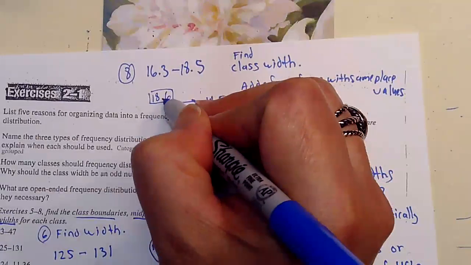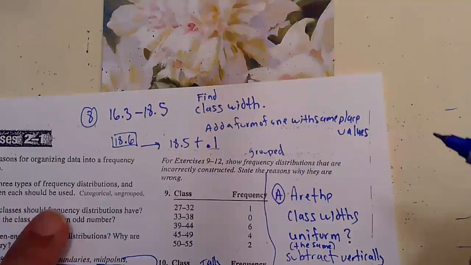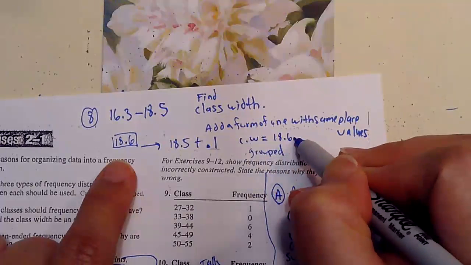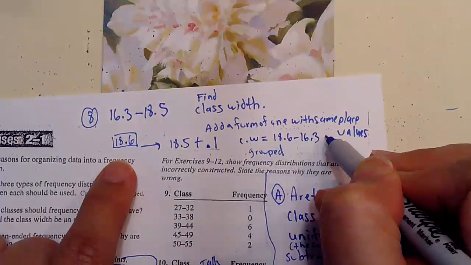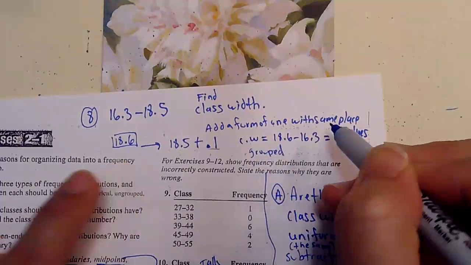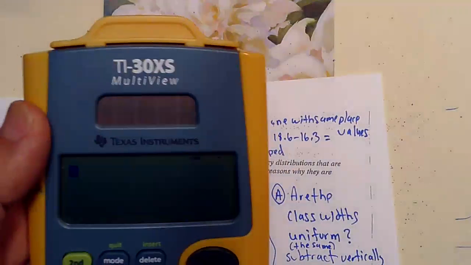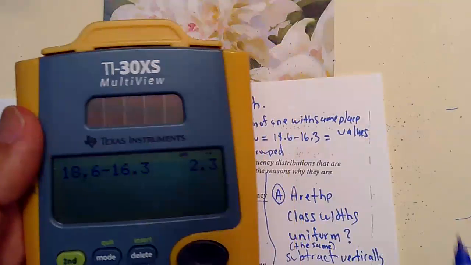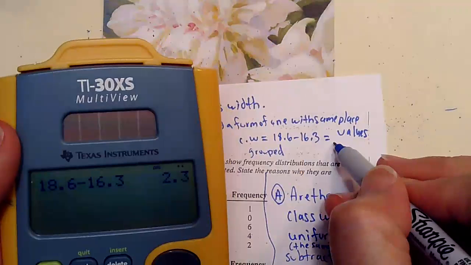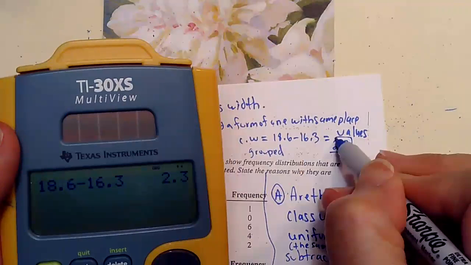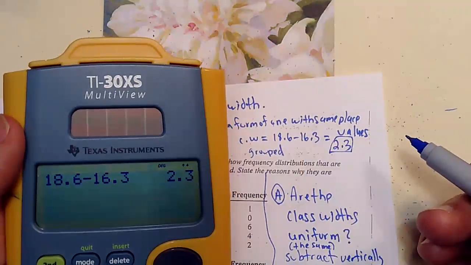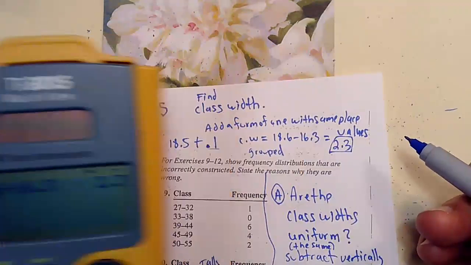Now to find the class width, the class width is 18.6 minus 16.3. 18.6 minus 16.3 is 2.3.